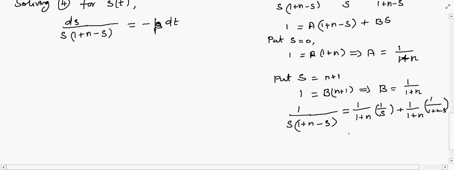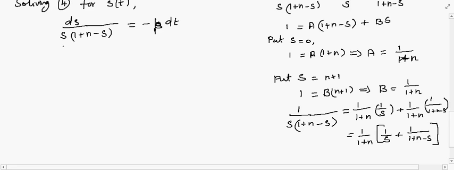Or you can write 1 by 1 plus n outside and write 1 by s plus 1 by 1 plus n minus s. Now we will substitute that here.